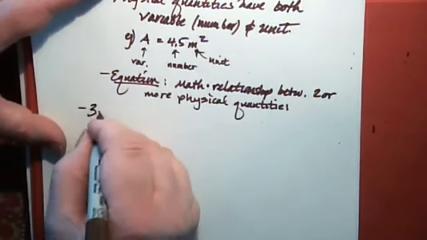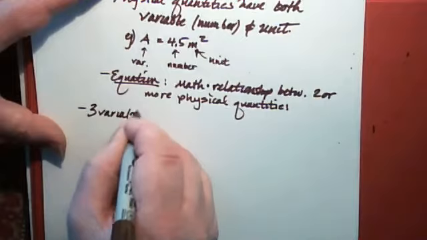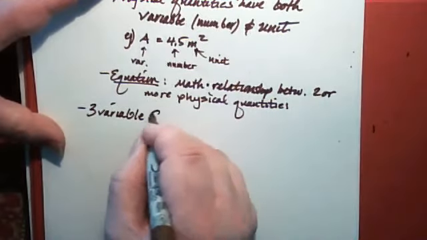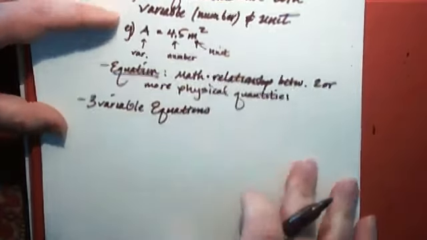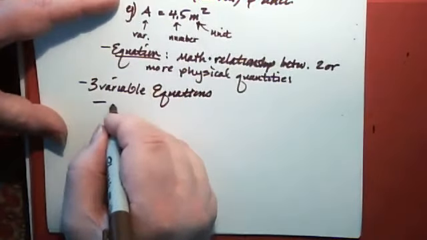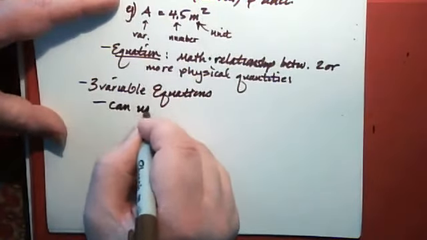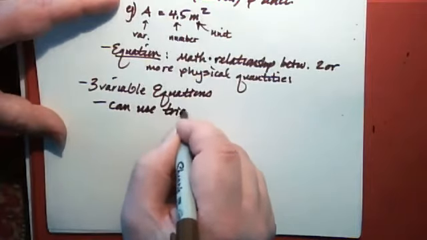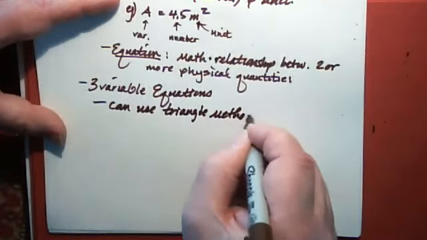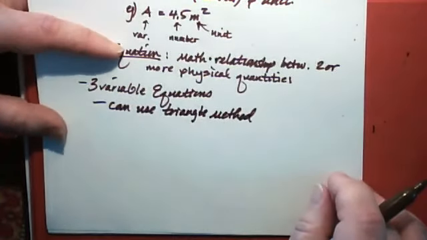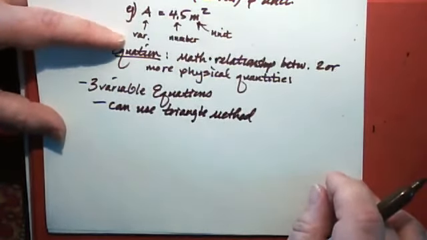And for more on three variable equations, you can use the triangle method to basically set them up and rearrange them.